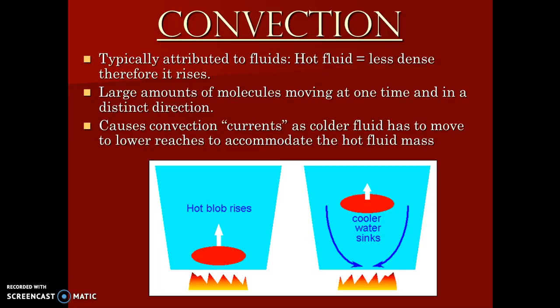And so we get these cycles where we have cooling fluids sinking and then heating up and then rising. And so we get these currents either vertically within a water column or a gas column. But also if we look at a map of ocean currents globally, we can see them moving towards or away from the equator.